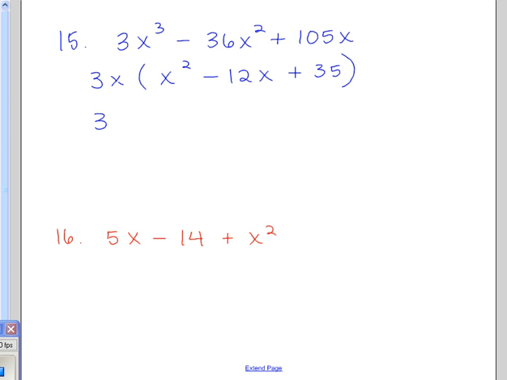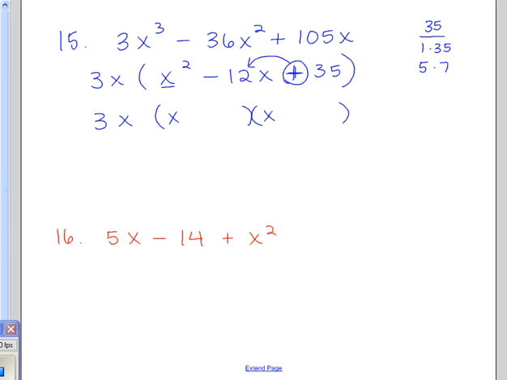Bring down 3x and break down this trinomial into 2 binomials. Because it begins with x squared, I'm going to have x times x. Look at my constant, positive 35. What are my factors of 35? 1 times 35 or 5 times 7. I'm looking for the 2 numbers that will add to be negative 12.